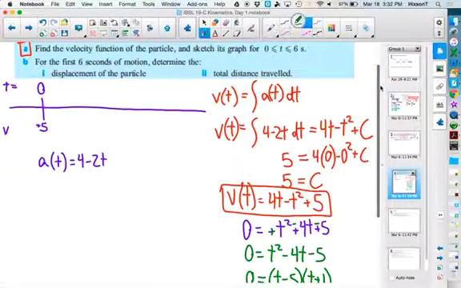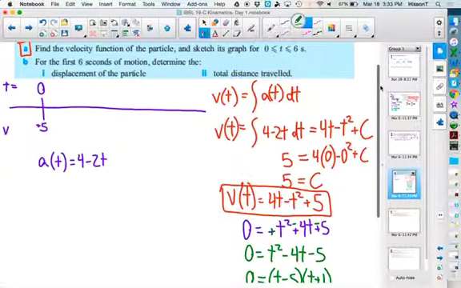So going back here, how am I going to find the displacement of my particle? Integrate velocity. Do I need to break it up or no?